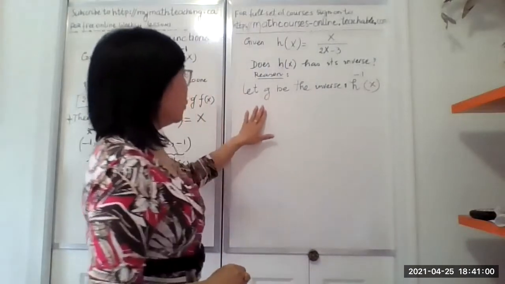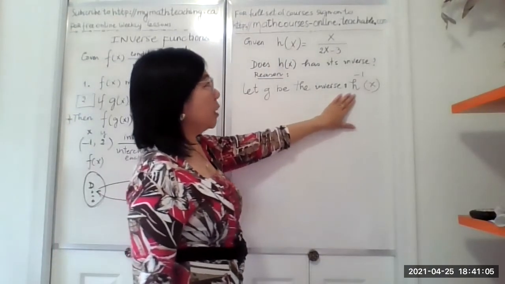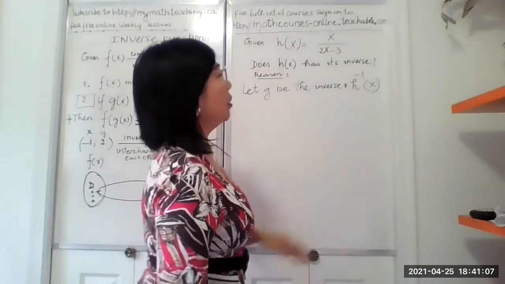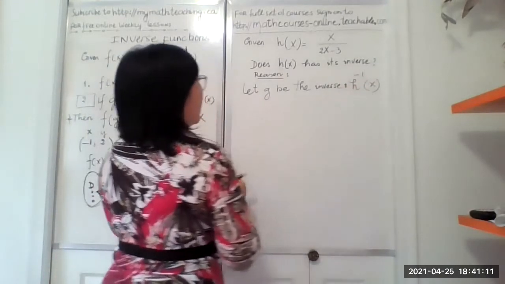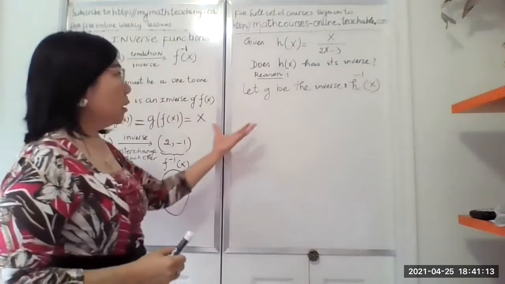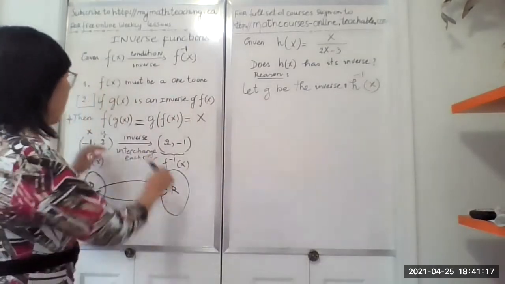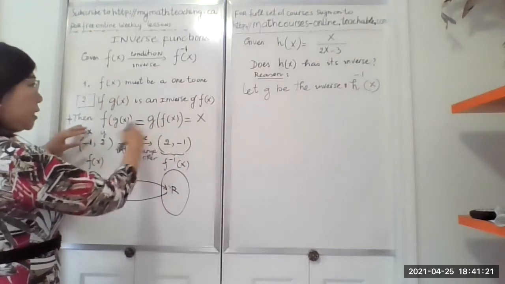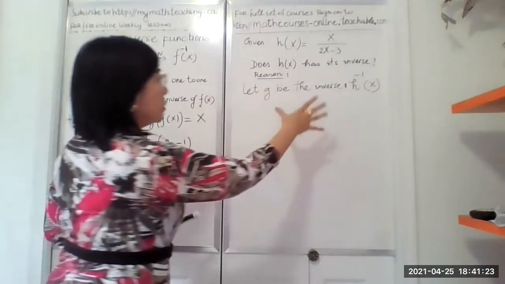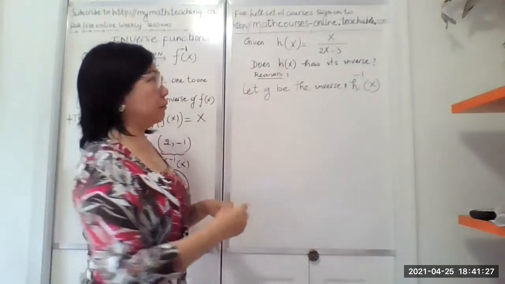So we say let g, the new name for the inverse function, be h to the power of -1 of x. First, let me show you how to find the inverse function. Then we can put in the composite function like this and test it, right? But I will show you the steps to find the inverse first.